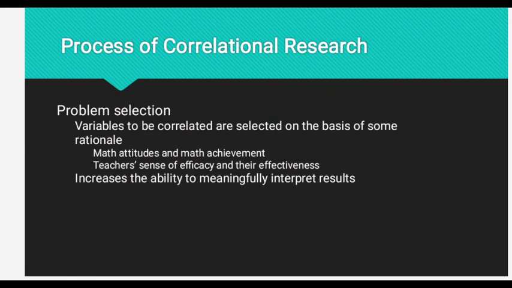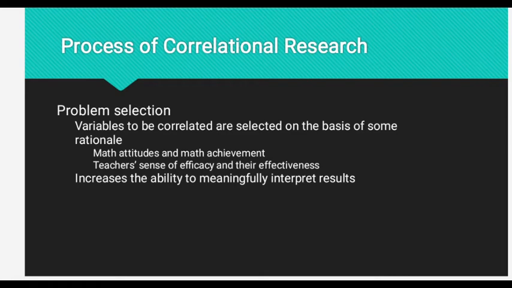The next presentation is about the process of correlational research, problem selection. Correlational studies may be designed either to determine whether and how a set of variables are related or to test hypotheses regarding expected relationships.